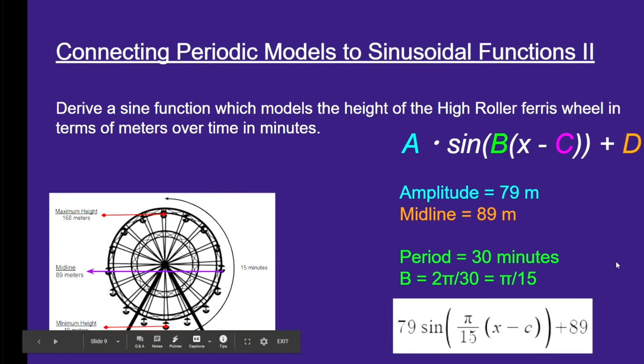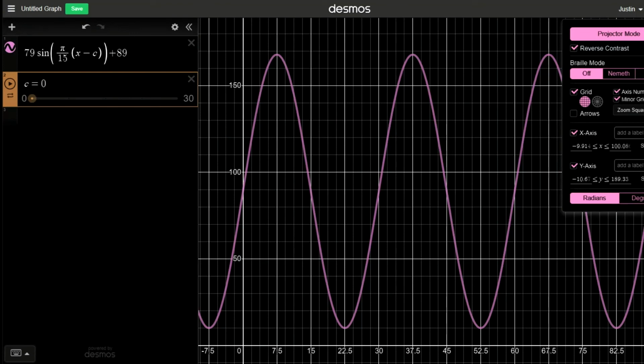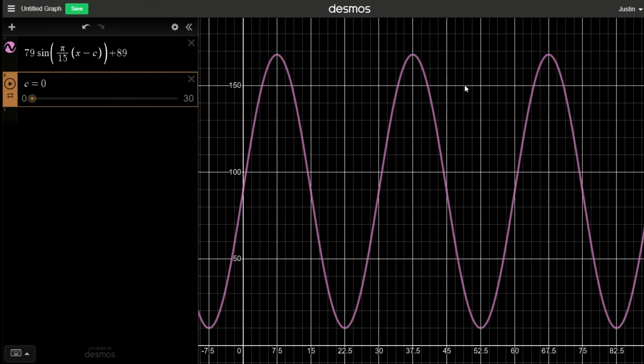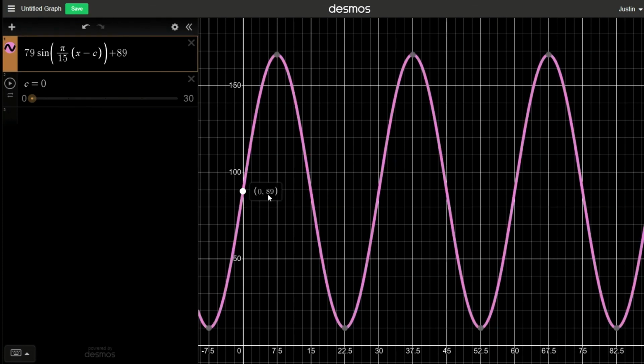And really quickly, what we're going to do is take a look at that on Desmos. So here it is. And here you can see that my function is 79 sine pi over 15 x minus c plus 89. This function has a midline at 89.